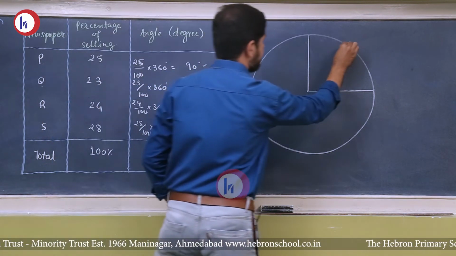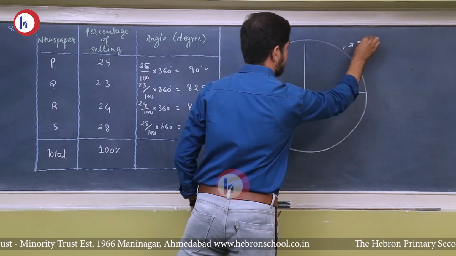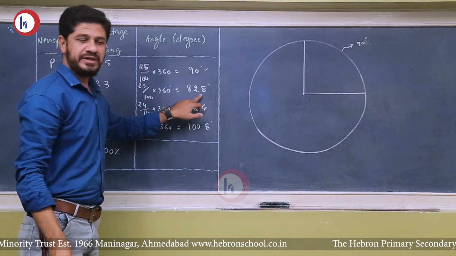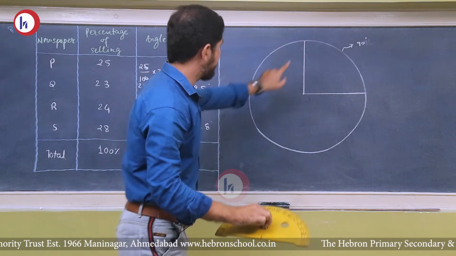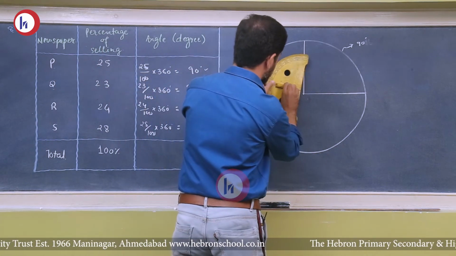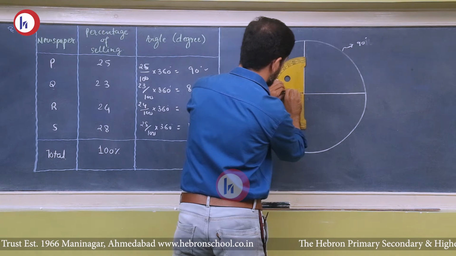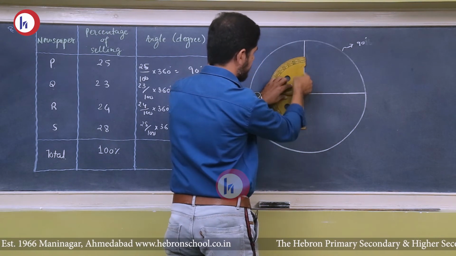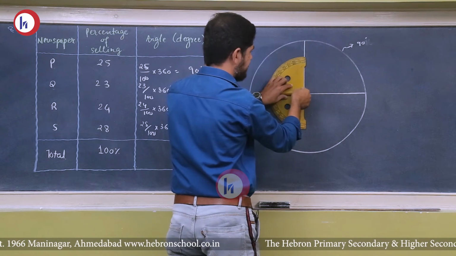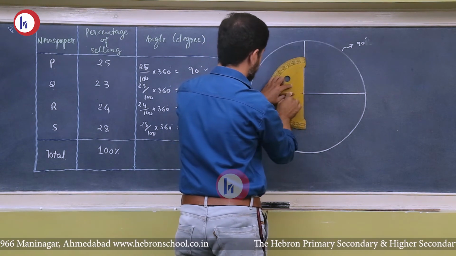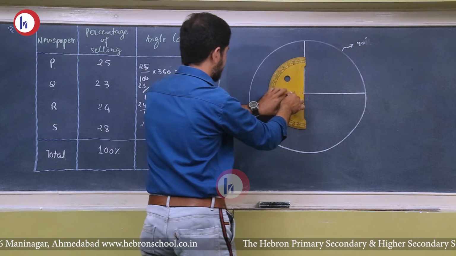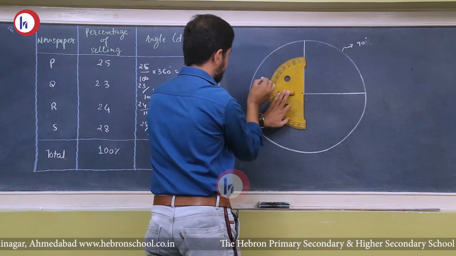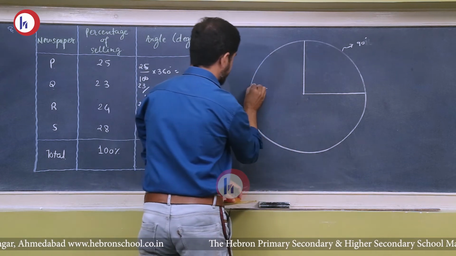Next one is 82.8 degree. So now the next radius will be R. So we will put the instrument like this. Okay. So this horizontal line must be on the radius that we have recently drawn. So 82.8 here, and we will draw the next radius.